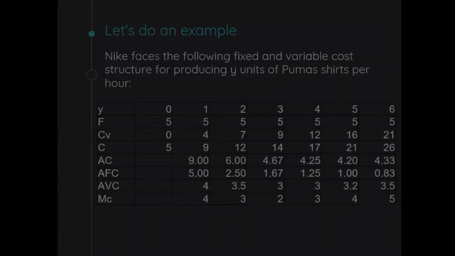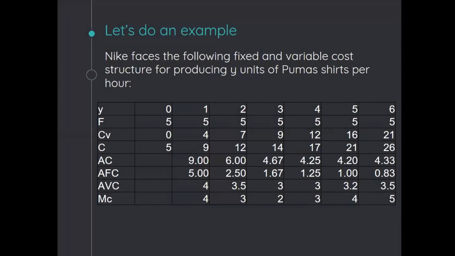Therefore, when we take into account how this looks, this is essentially how the table gets completed. As we discussed, you add up the fixed cost and the variable cost to get the total cost. You can't divide by 0, so there's nothing in the first column with regards to the average cost.